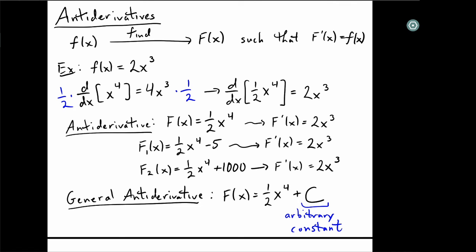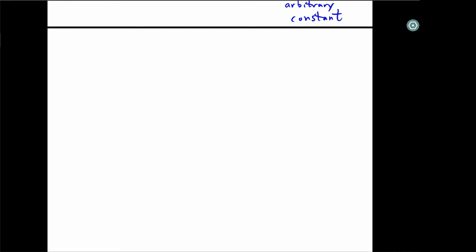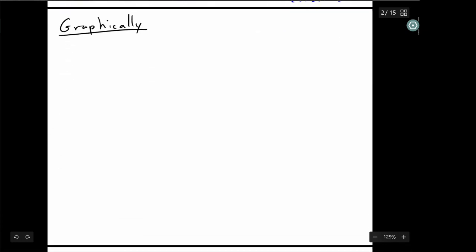Before concluding this, though, I almost forgot. What are the differences between all these different values? What does that arbitrary constant C stand for? So let me write down graphically what this is. I'm going to give a sketch of what this could be.